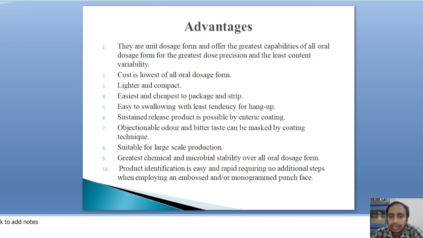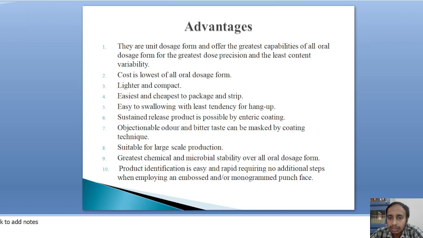Then easiest and cheapest to pack and strip. I will discuss later that tablets are packed mostly in blisters and strips. A strip is a very cheap packing material, and blisters contain aluminum and PVCs and PVDCs. I will discuss that later.